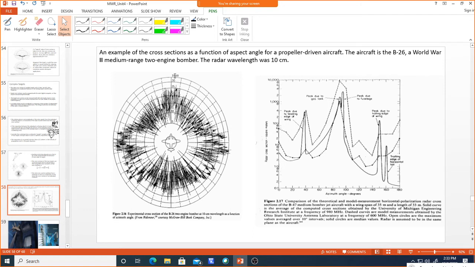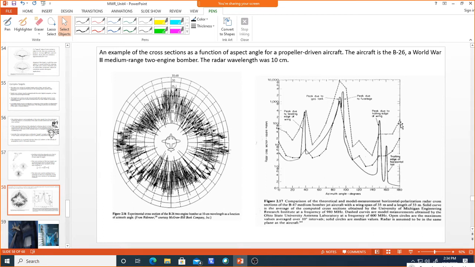As I told, this is a propeller driven aircraft. This aircraft is a B-26 and it is a medium range two engine bomber. The radar wavelength used was 10 centimeter. With this scenario, this is the RCS, and we can see how it varies with respect to the azimuthal plane.